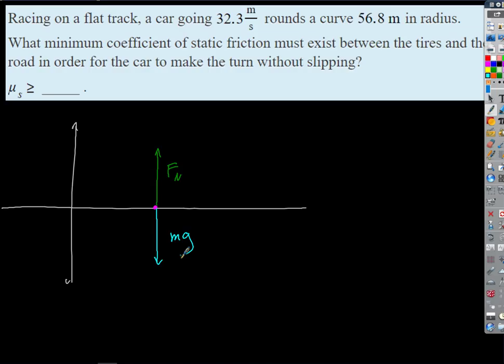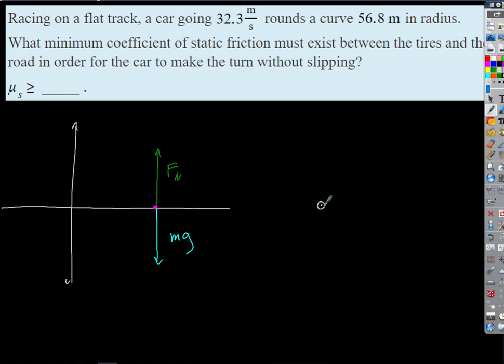Now, seen from above, if we took a bird's eye view of this, my axis is going to look like this. This is how we draw a vector coming out of the board: there's the tip of the arrow, and there's the bottom of the cone, say it's a cone-shaped arrow. So that means this thing is coming out of the board, right?